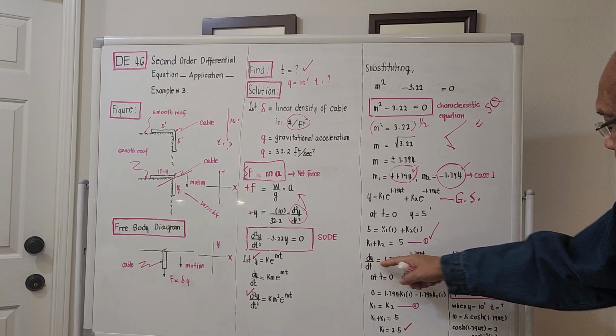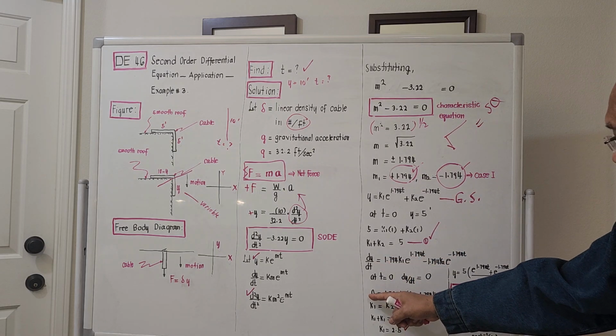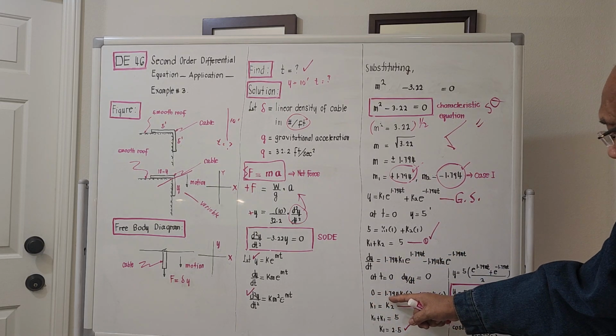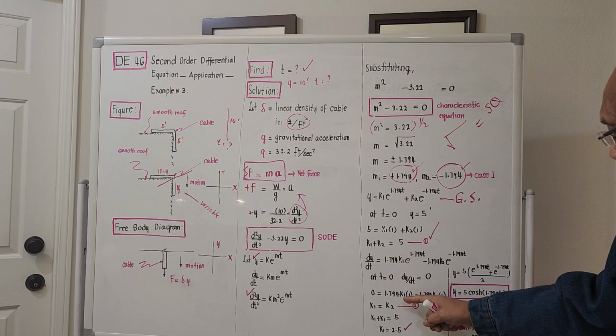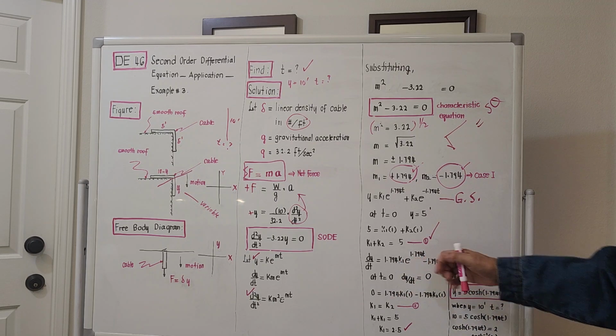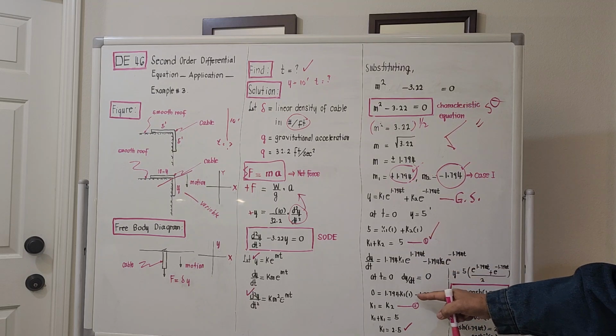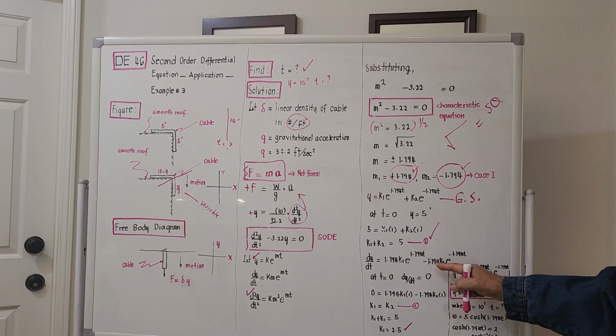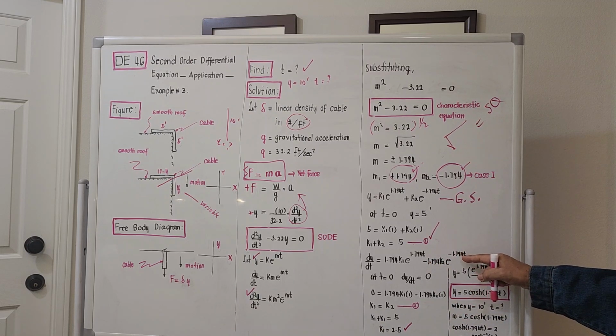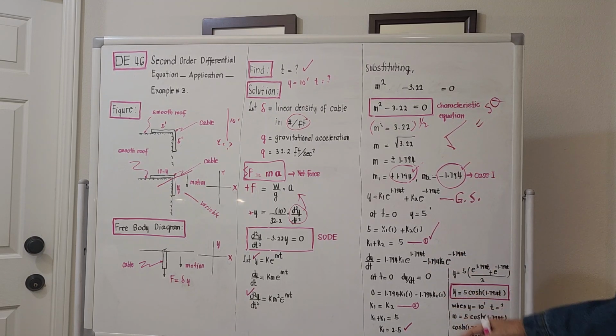So using the first derivative, this should now be equal to 0. 1.794 K1. At time t equals 0, this will become 1, so this is times 1. Minus 1.794 K2, this will become 1, so this is times 1 also.